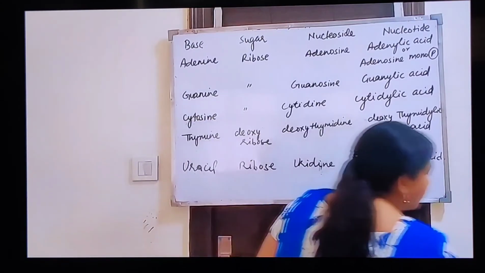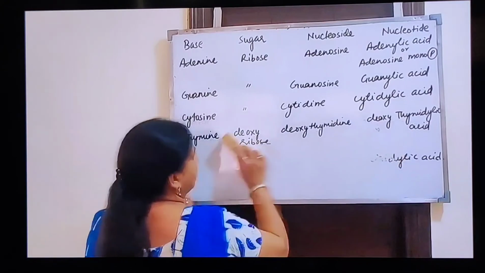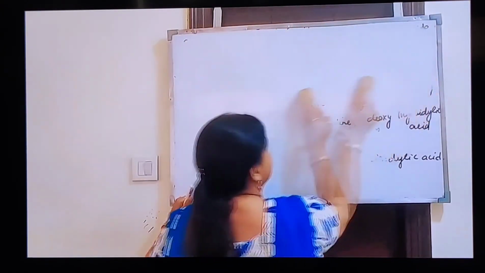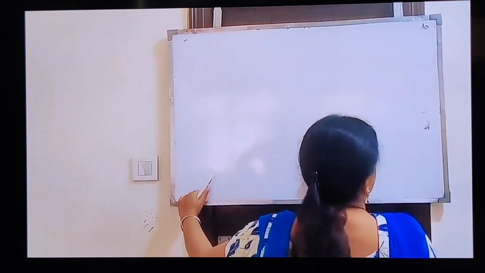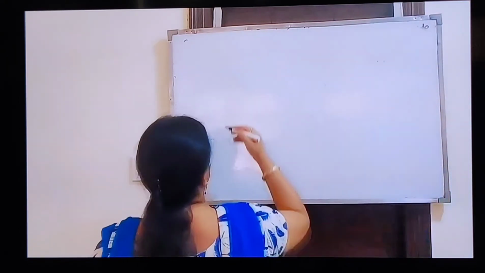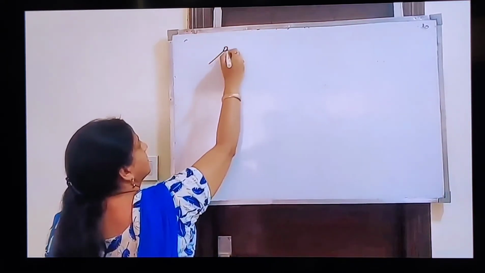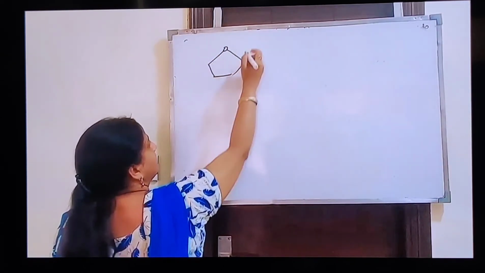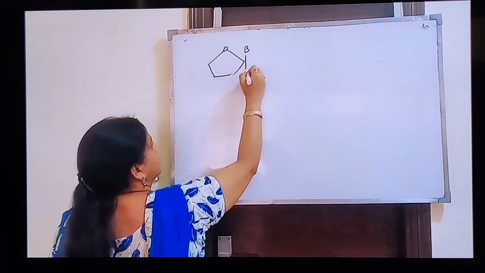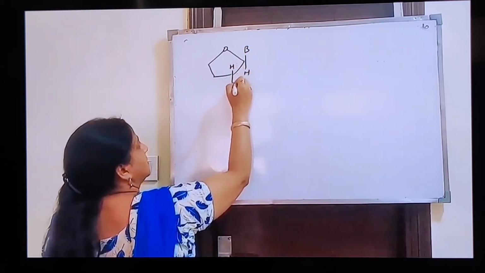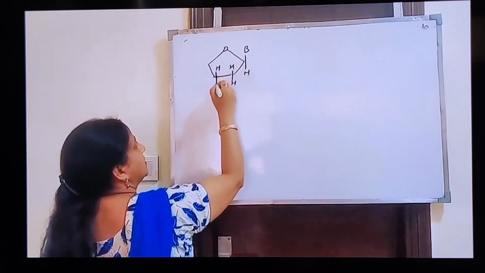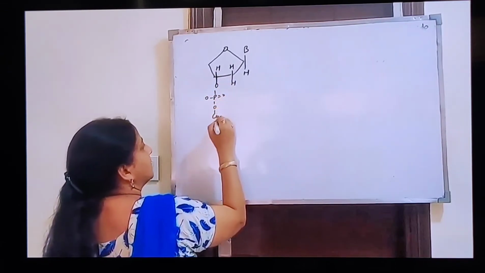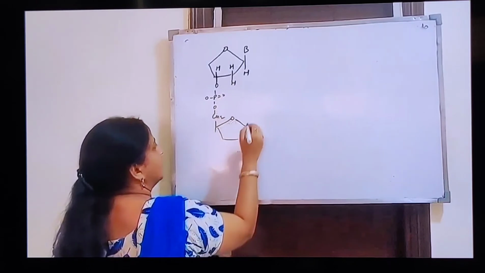Now children, we will join two nucleotides together. The two nucleotides are joined together by phosphodiester bond. This is the base. I have taken deoxyribose sugar. This is the phosphate group. This is another nucleotide. This is the base.